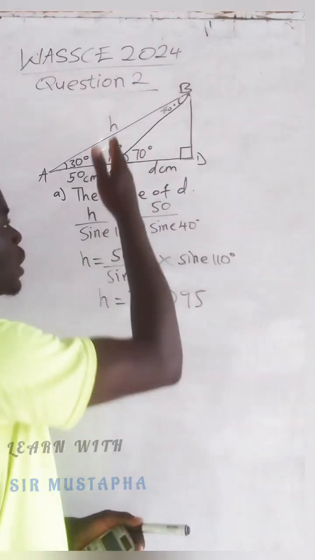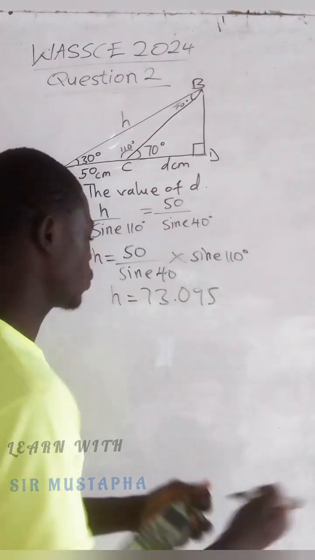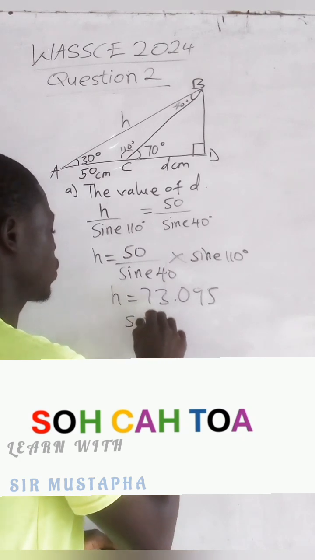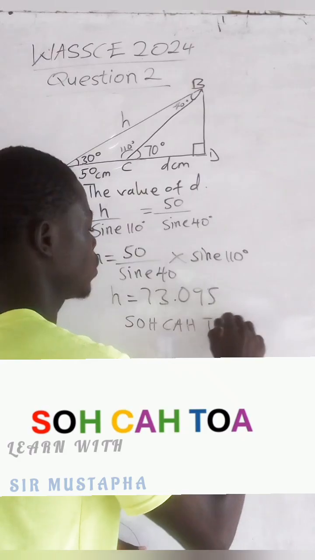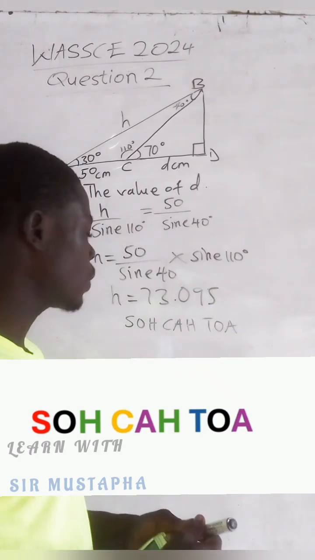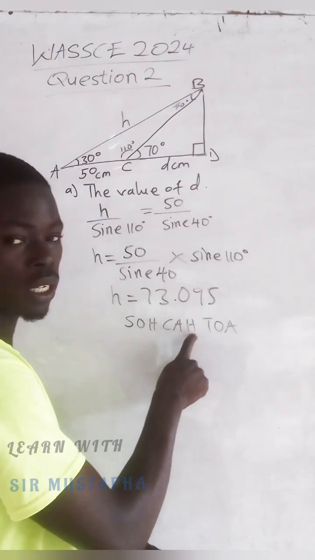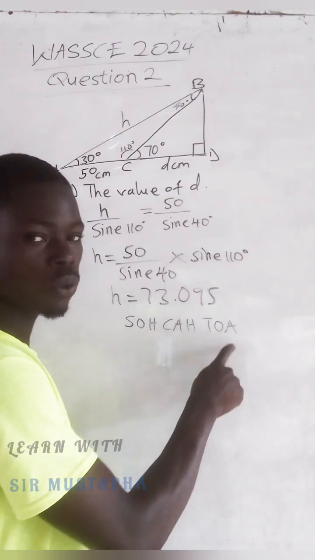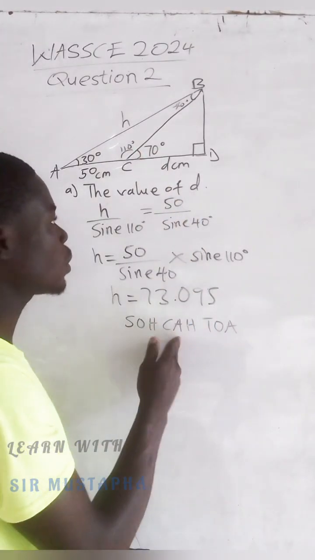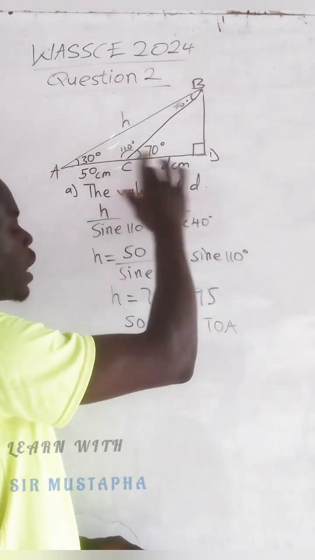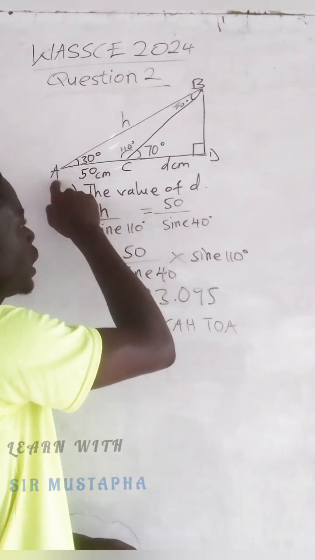After getting H, which is the hypotenuse, then we can get D. You know, we have this rule, SOHCAHTOA: sine equals opposite over hypotenuse, cos equals adjacent over hypotenuse, and tan equals opposite over adjacent. So here we can apply the cos, which is the adjacent over the hypotenuse, and the adjacent here is AD.